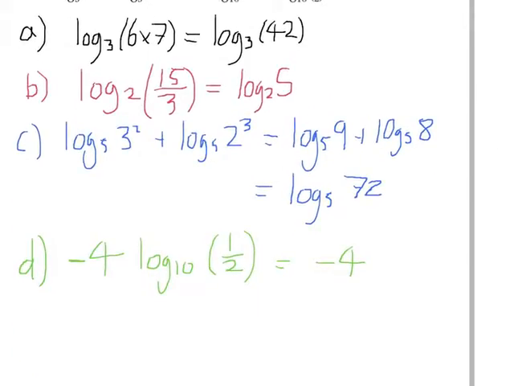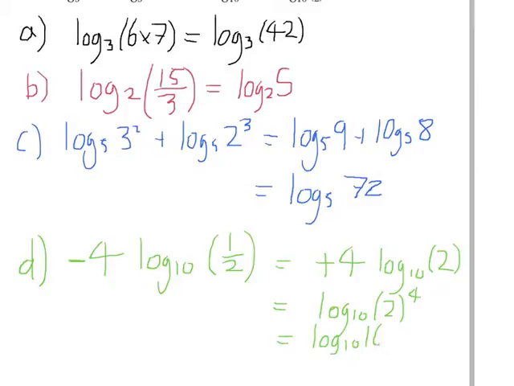So log to the base 10 of 2, and we've also got that minus from before. This minus we've now got becomes a plus, because we don't have a negative, so that becomes plus. Now we're going to raise 2 to the power of 4, so log to the base 10 of 2 to the power of 4, which is 16. So this second one now becomes that.